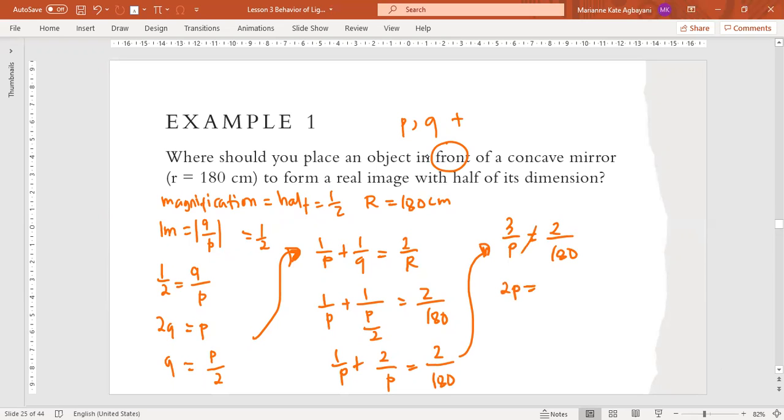Cross multiply: 2P equals 3 times 180. So P is equal to 540 divided by 2. So P is equal to 270 centimeters. Therefore, the object must be placed 270 centimeters in front of the concave mirror. So that is how you should solve.